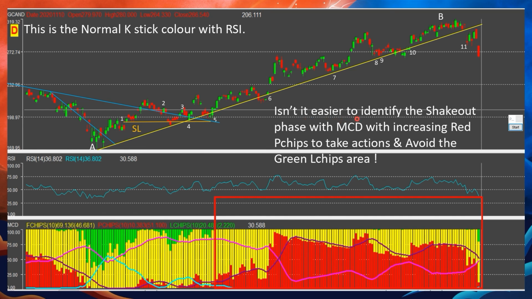Isn't it easier to identify the shakeout phase with the multicolored dragon indicator, with the increasing rate of profitable chips to take action? And we can avoid the green log chips area. We can avoid this trap. All right. This is a faster, intuitive way to identify. We only follow the rules of engagement and we can avoid the shakeout. And it's not only that, we can also identify a trading opportunity to take a quick trade.